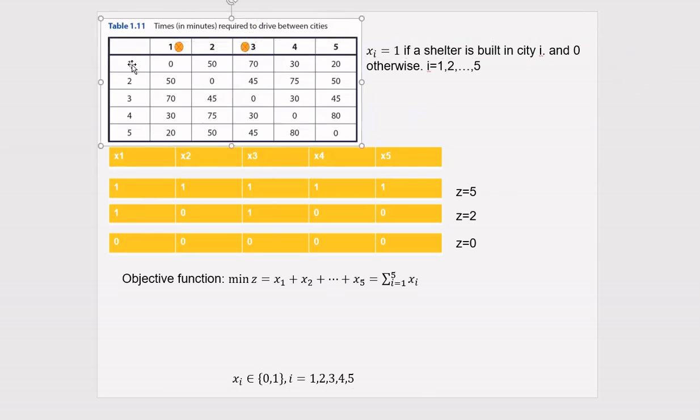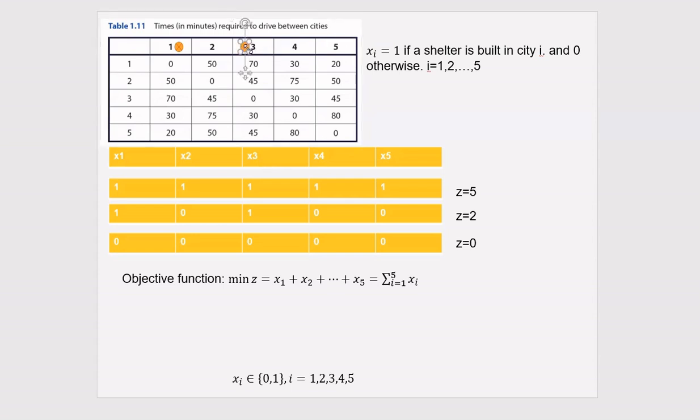If that's the case, city 1 already has 1 close to it, which is itself, 0 minutes. City 2 has 1 close to it, which is 50 minutes, less than 60 minutes. Also, it has 3, which is 45 minutes away. City 3 also has that one. City 4 has 30 minutes, 30 minutes. Check. City 5 also has 20 and 45. All right, so that's a good feasible answer.